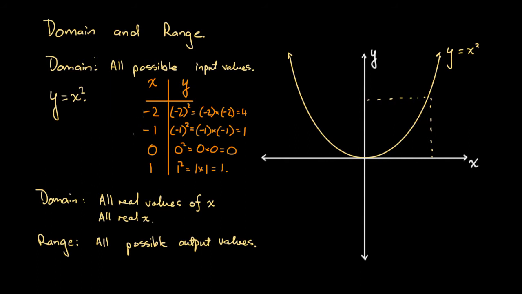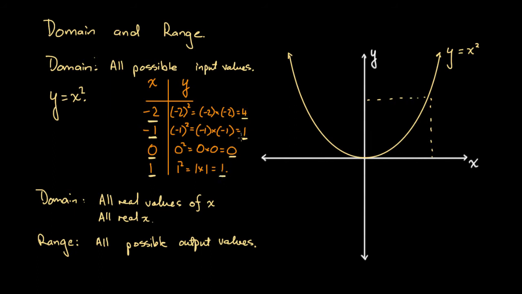Let's consider this table that we constructed before in order to discover the range of this function. Here, for the input x equals -2, we had the output y equals 4. For the input x equals -1, we received the output y equals 1. For the input x equals 0, we had the output y equals 0. And for the input x equals 1, we had the output y equals 1.